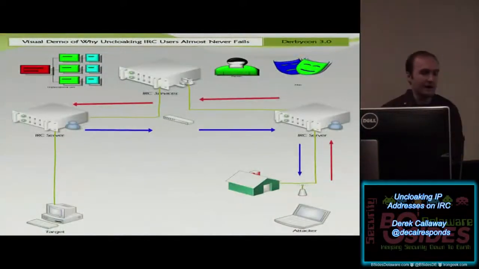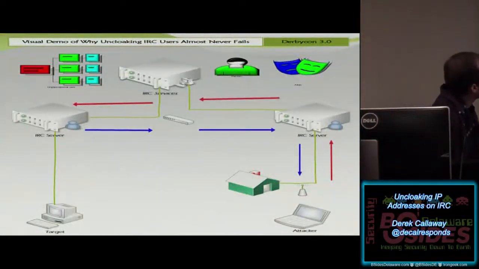And this is kind of a diagram of why it works. So when I'm asking the IRC services to unban my target user from my IRC server here in the lower right, it goes through IRC services, which is able to see everything that's going on on the target user's server, and then it sends the response back to me.